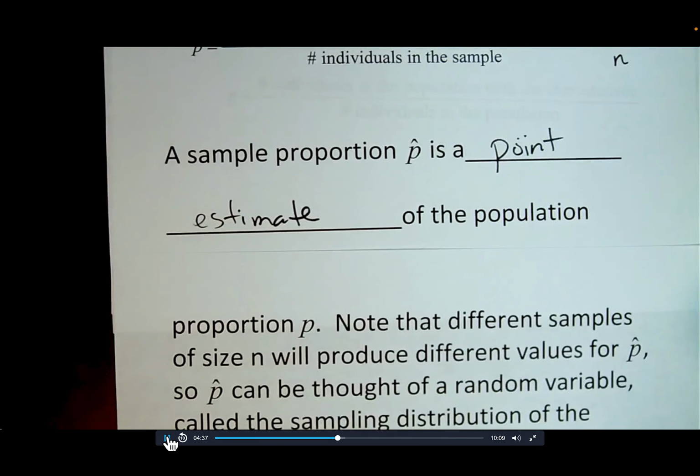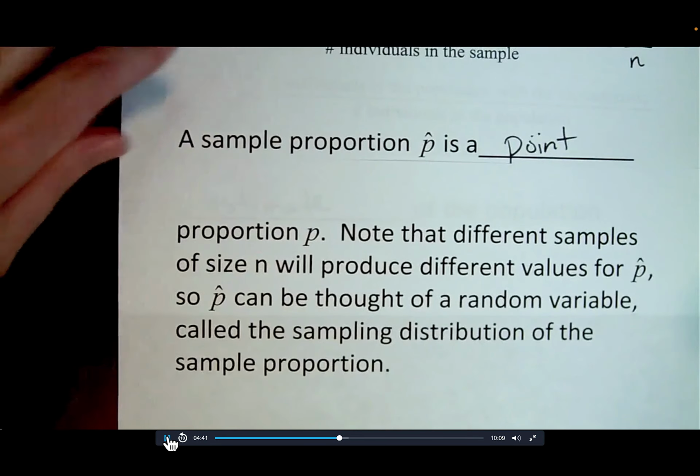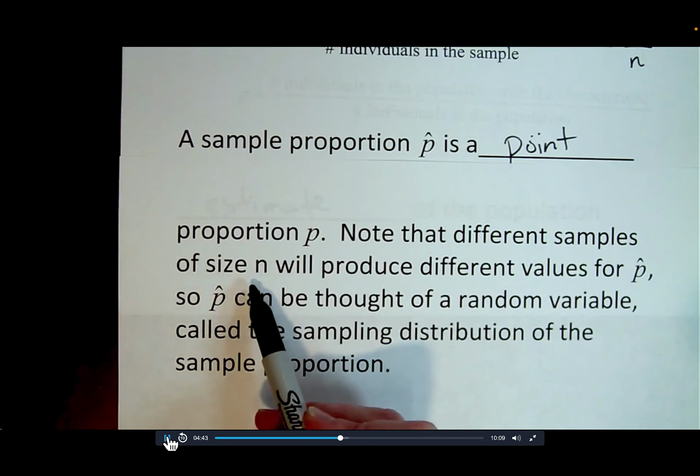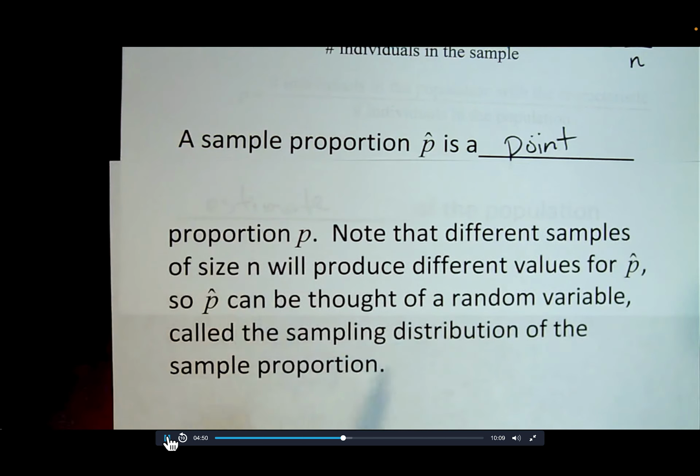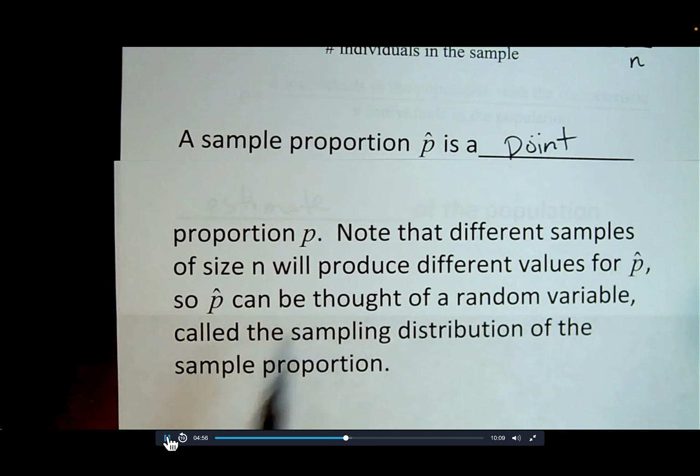Note that for different samples of size n, even with a particular sample size n, you can get different samples by just grabbing a different batch of n items from the population. So different samples are going to produce different values for p hat. So p hat can be thought of as a random variable, with a distribution called the sampling distribution of the sample proportion.